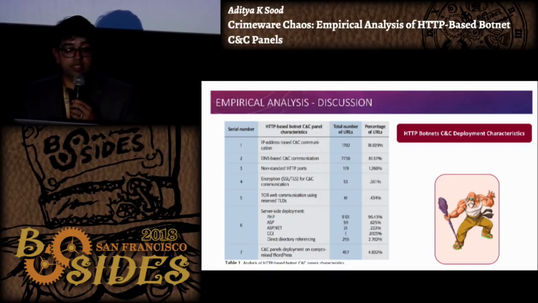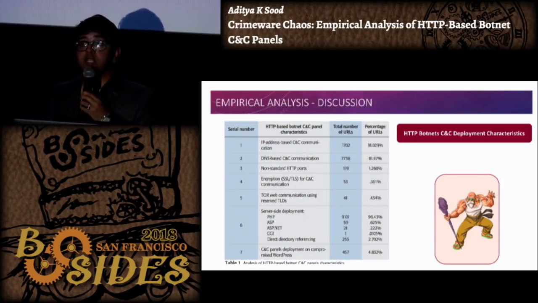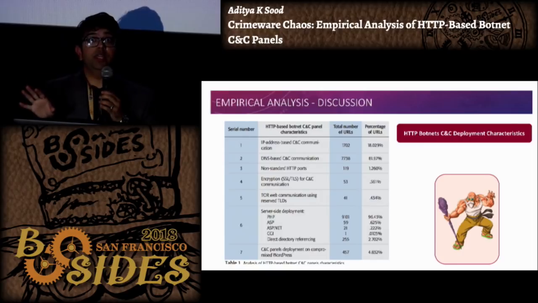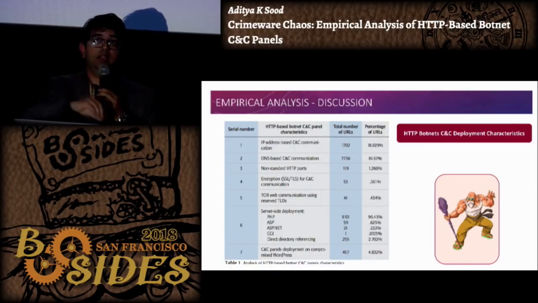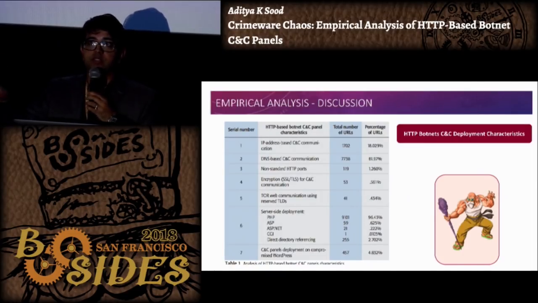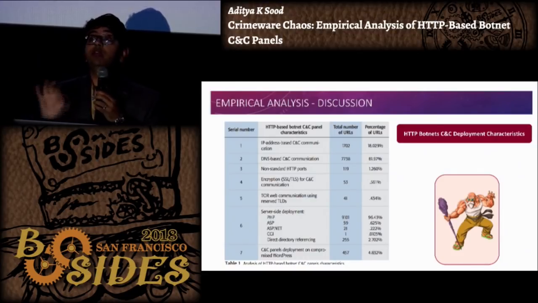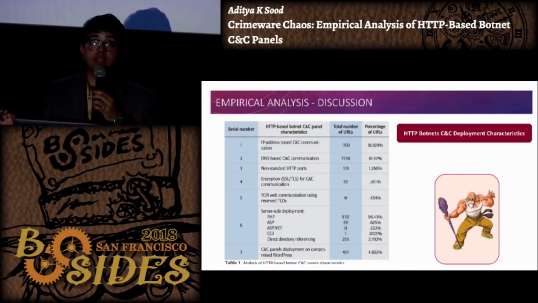So we came across that whenever the HTTP communication takes place, it is not necessary that, let's say, the bot is sending an HTTP POST request out, there is a host header in that. It's not necessary that the host header has to have a domain name, which means that if the bot is sending the HTTP traffic using an IP address as the destination, there will be no DNS traffic for that.